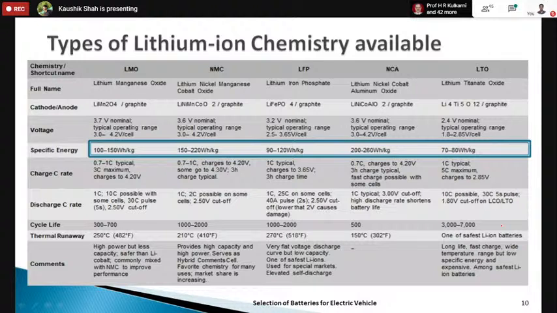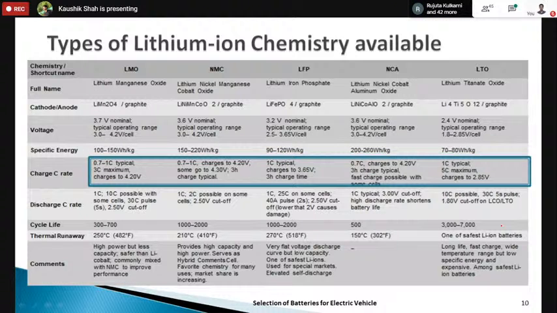Definitely everybody wants to go for the highest one, but you need to look at the trade-off analysis. Let's say, look here, the specific energy of NCA is pretty good, right? But it has certain other disadvantages, where while you do the simulation, I'll explain that these iterations will come in the simulation, then you will choose the right stuff.